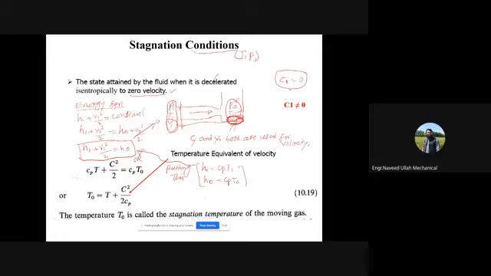The aircraft is flying at some velocity, and the air comes to the engine at that velocity. That velocity is not negligible compared to the jet velocity. So we are moving from this assumption to reality, and for that you need to know about the stagnation condition.